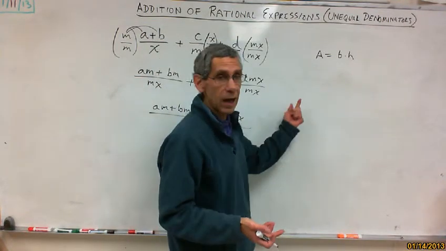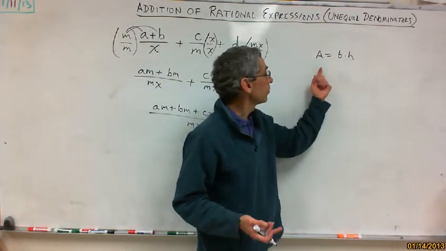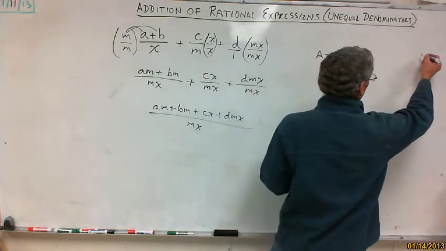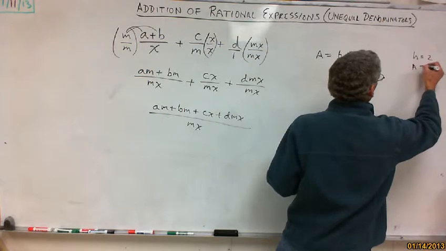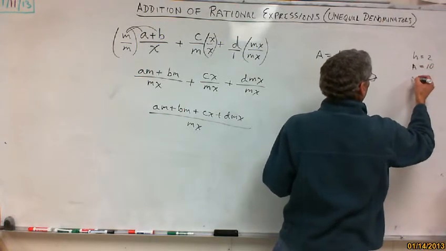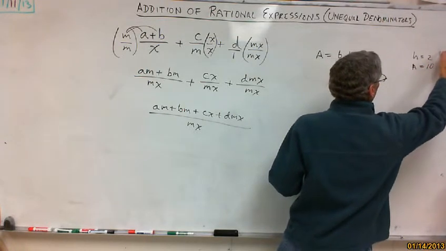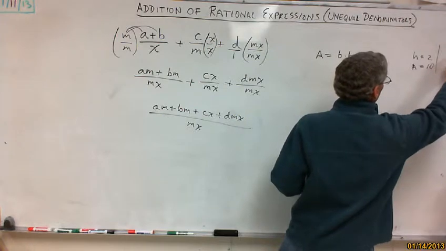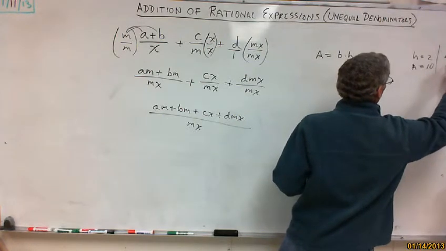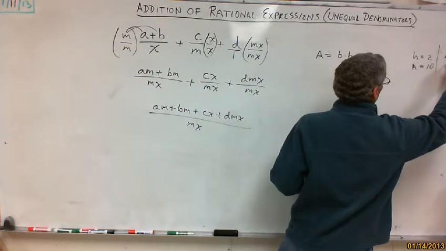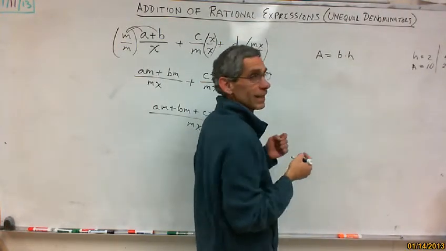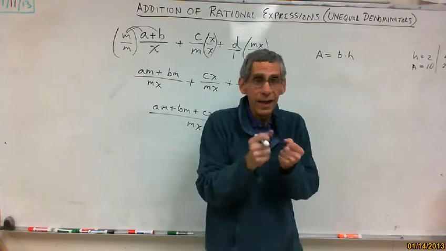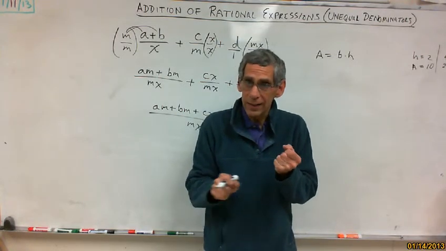Let's say they gave me the height is 2, the area is 10, and then another time the height is 5 and the area is 20, and so on. They gave me all these things, and I was at a job, and I had to figure all these answers out.